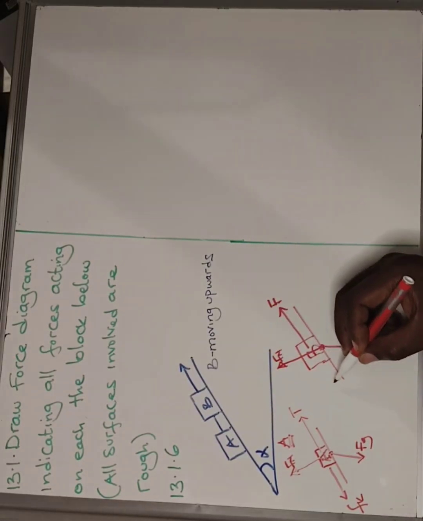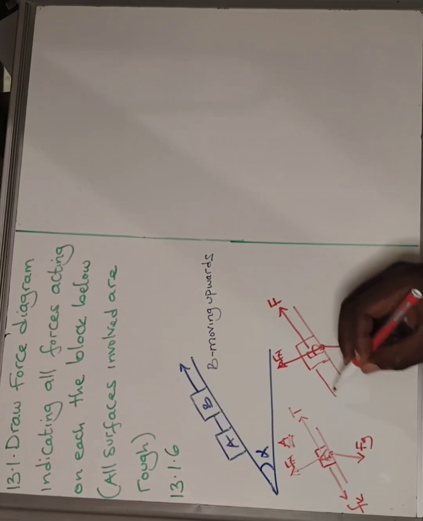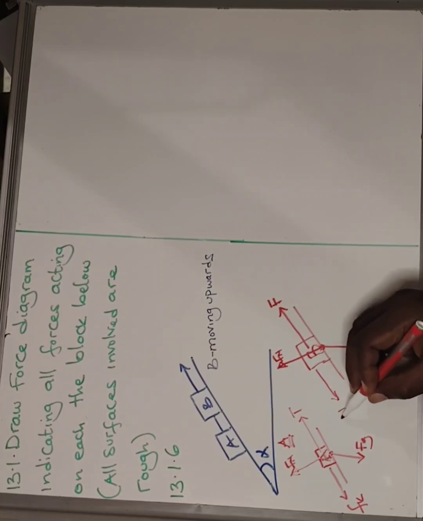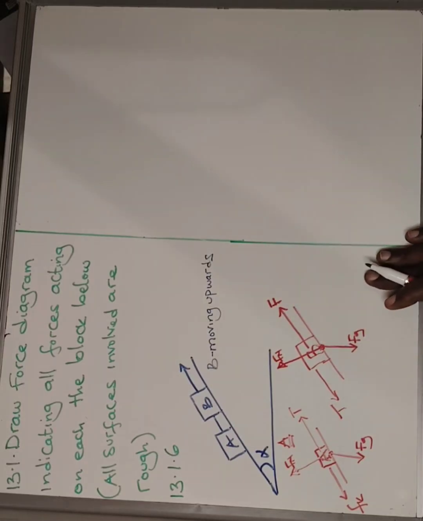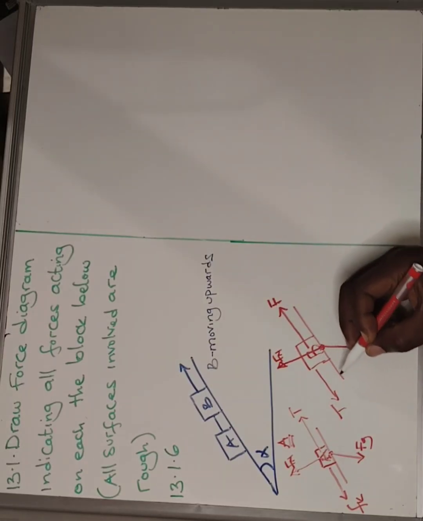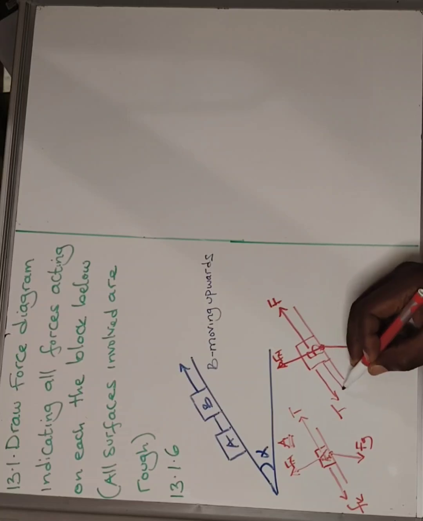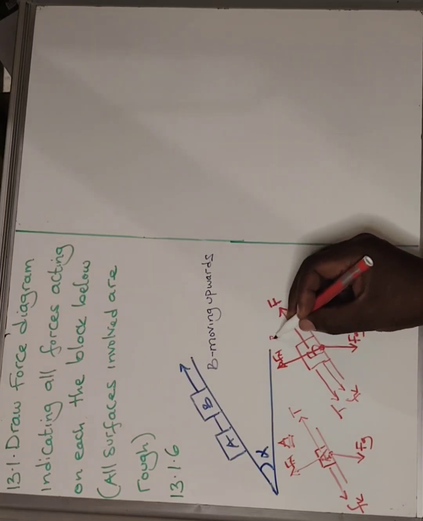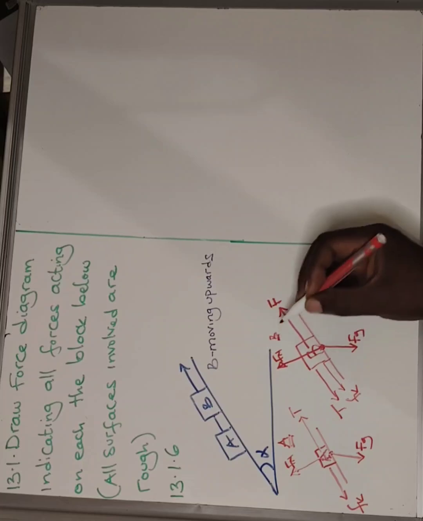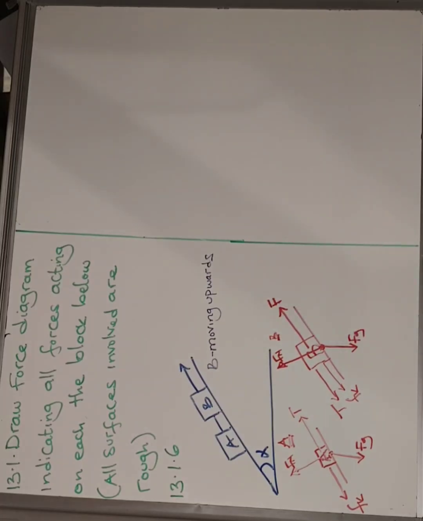Behind there is a string which comes with tension. It is moving upwards. The surface is rough, so comes our friction force. So those are the two bodies. Those are the two force diagrams we get here.